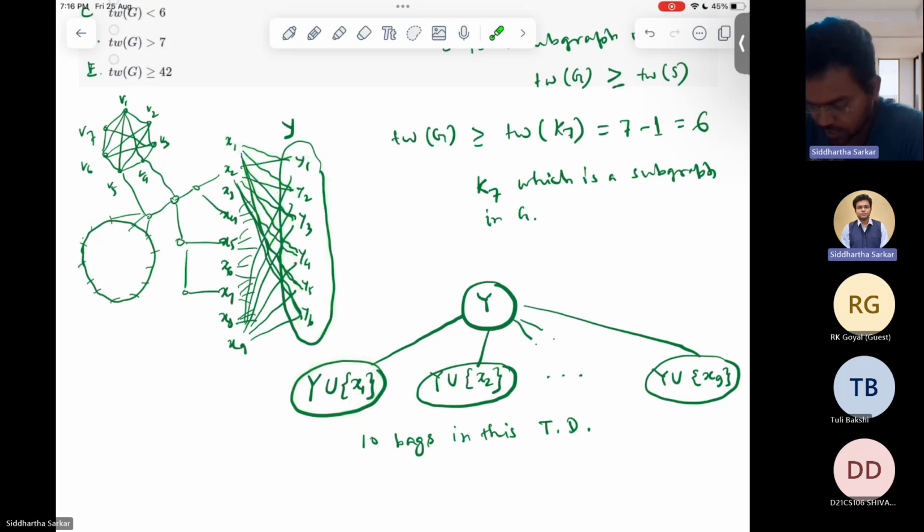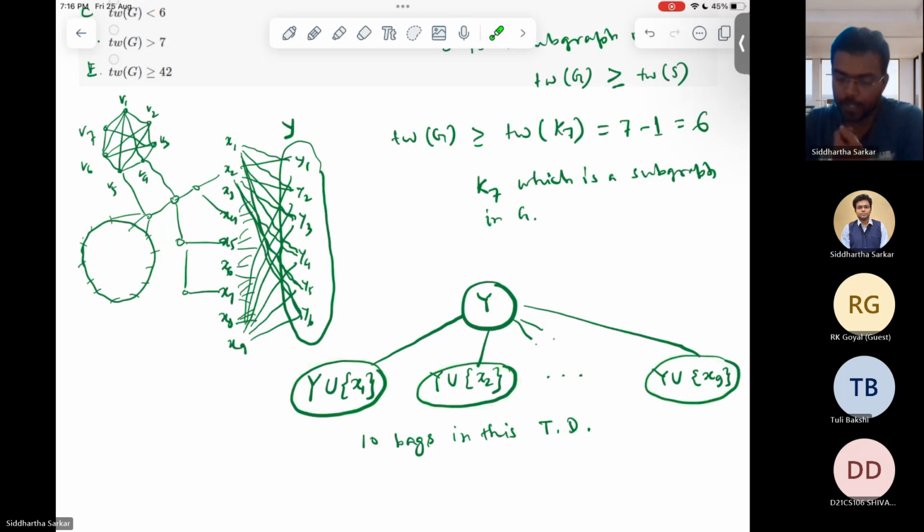So all the edges such that X1 is an endpoint are taken care of by this bag. Similarly, all the edges where X2 is an endpoint are taken care of by this bag, and so on. Therefore all the edges are taken care of. So for all the edges, there is a bag which contains both the endpoints.